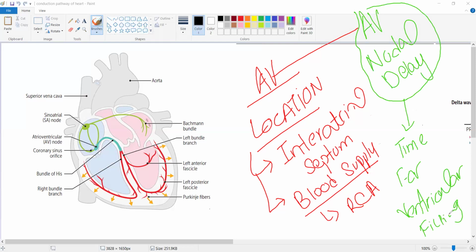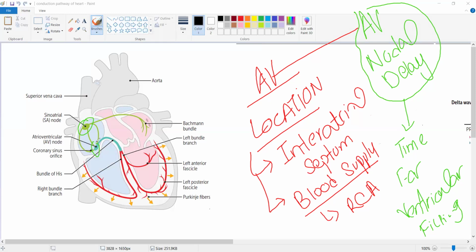So SA node, AV node, blood supply, location, high yield stuff. Where it is located, and what is the blood supply of these nodes.